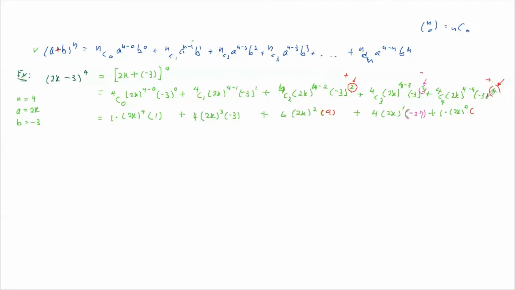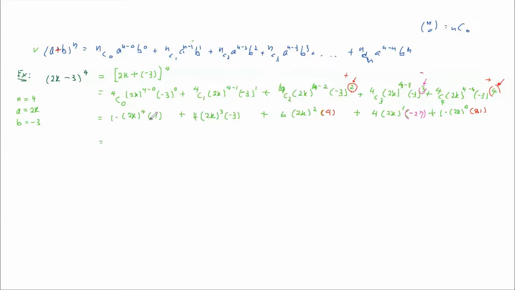So 3 power 4, you can use calculator, is 81, right? So you have plus 81. Okay, plus 81. Now after this we simplify.